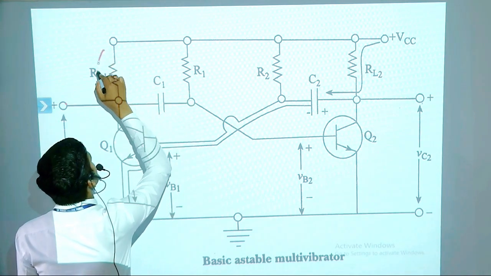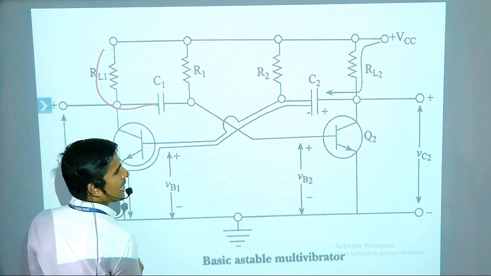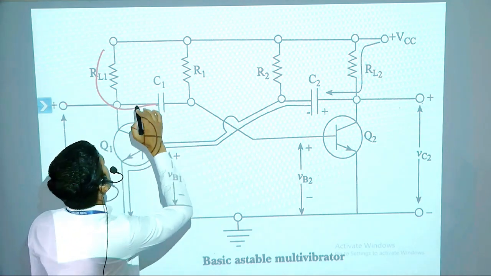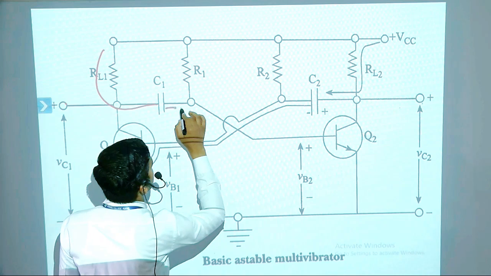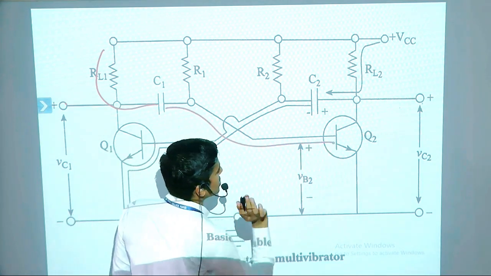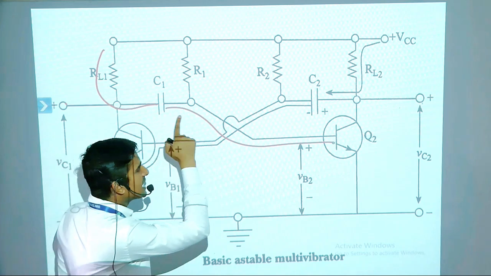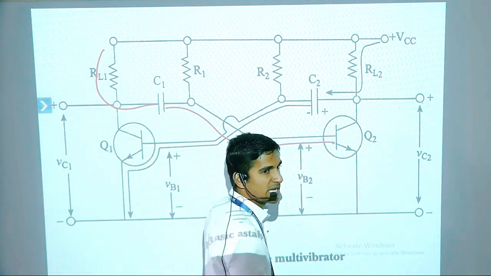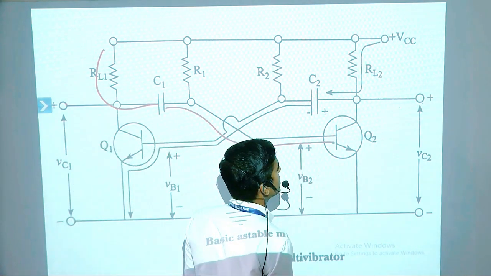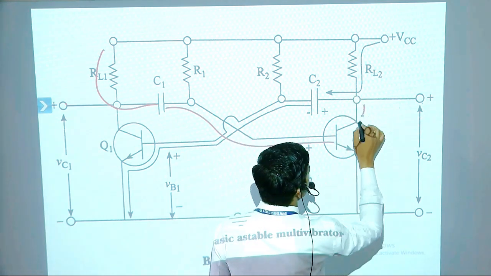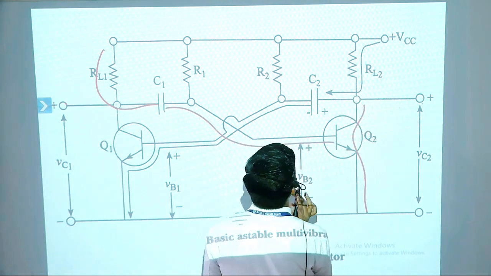Capacitor C1 is charged through RL1. This high signal goes to the base of transistor Q2. Then Q2 is on. The resultant collector signal goes to the emitter through ground.